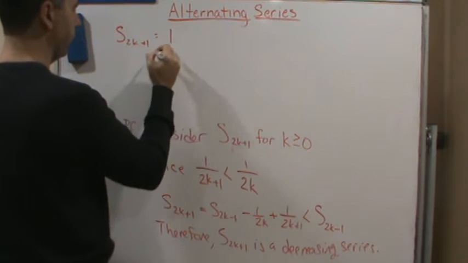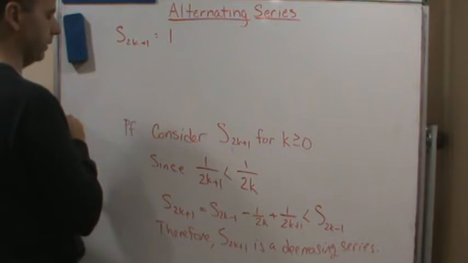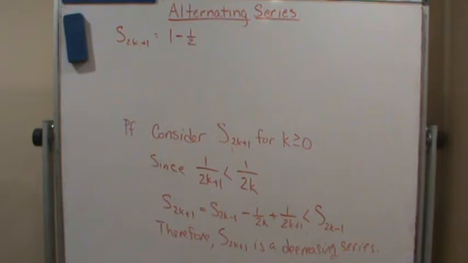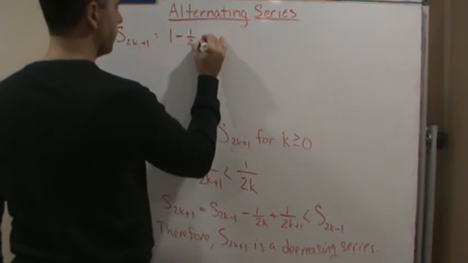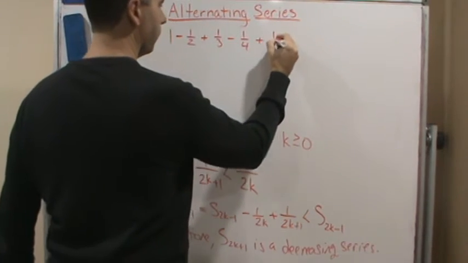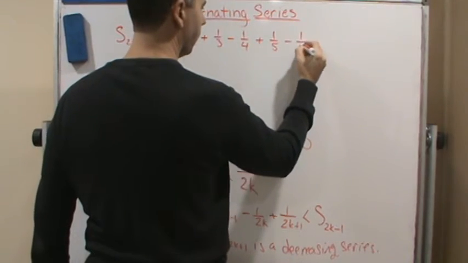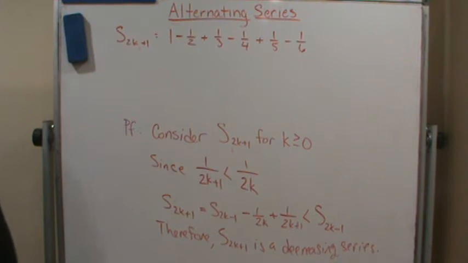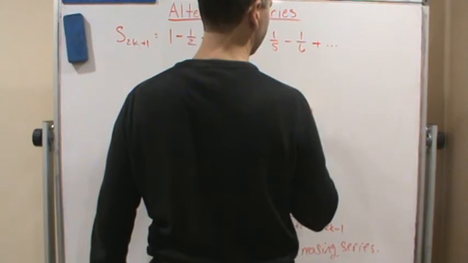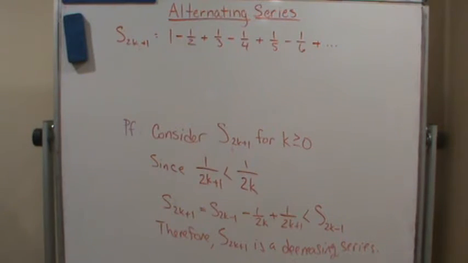So this is going to be 1, minus 1/2, plus 1/3, minus 1/4, plus 1/5, minus 1/6, and then plus, and it keeps going on.